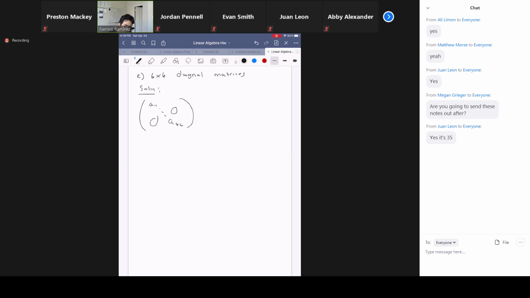You can write this as A11 times 1, 0, 0, and so on, with everything else 0. Then A22 with 0, 1, and everything else 0, and you continue this until you get A66. So there's going to be a total of 6, so the dimension is equal to 6.